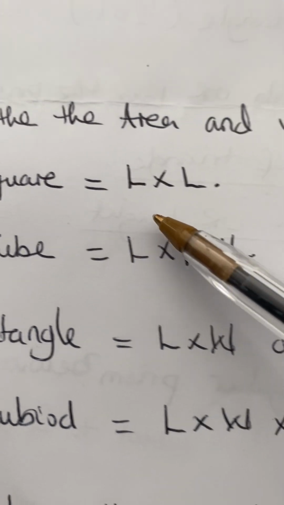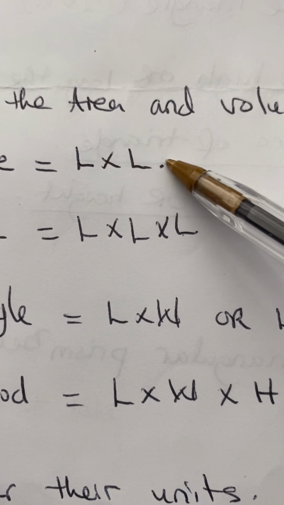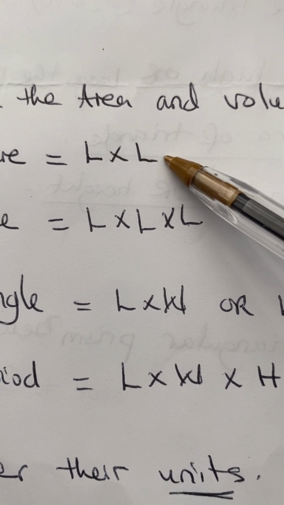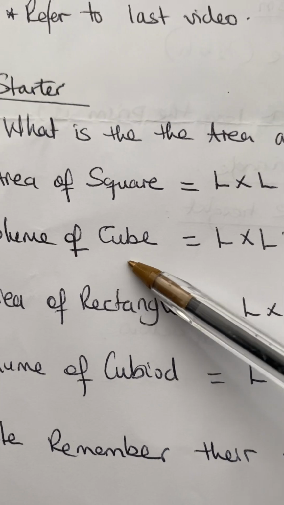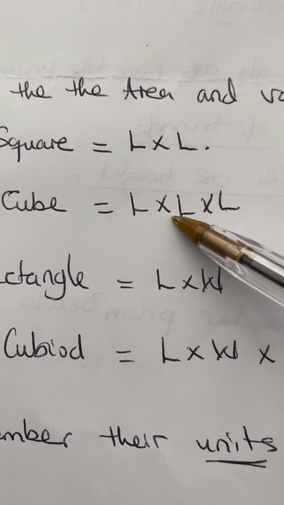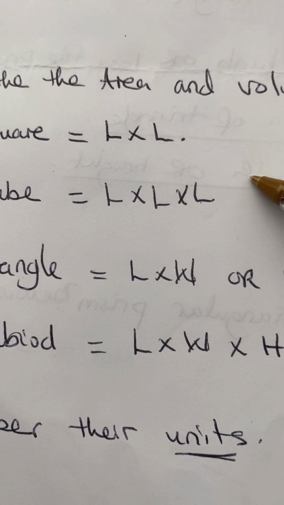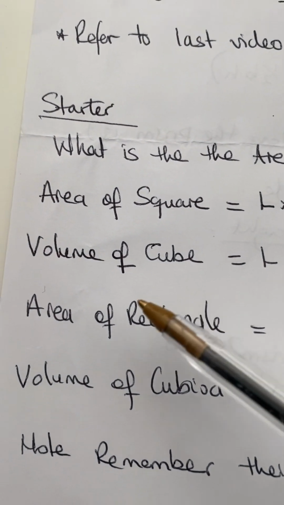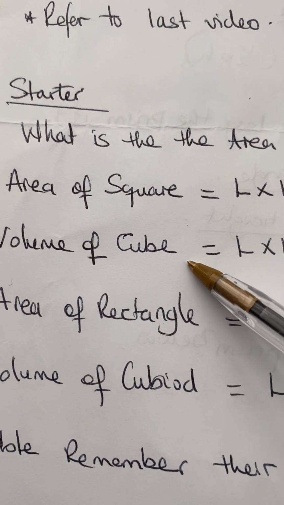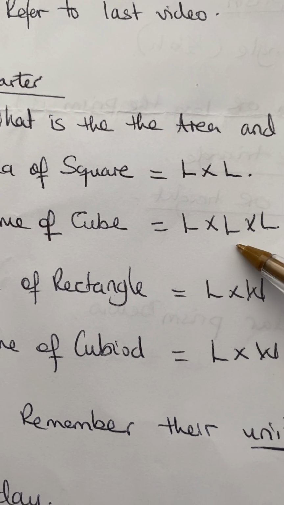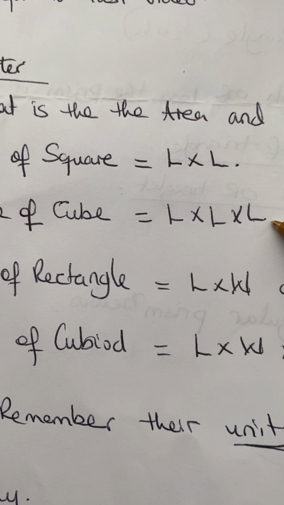The area of a square is length times length. The volume of a cube is length times length times length.